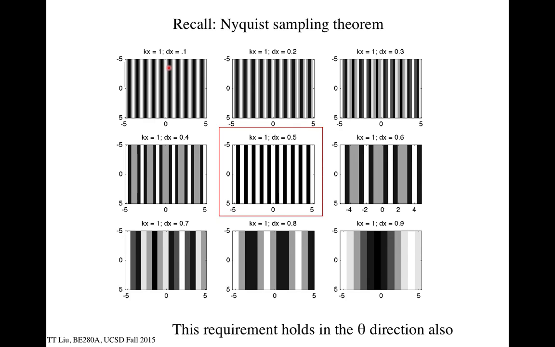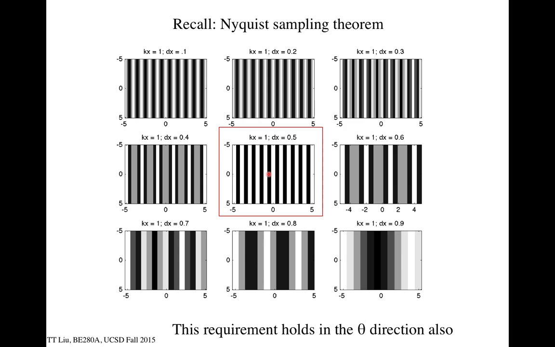If I sample with a higher frequency, I do represent that function well enough. This is the cutoff: when I have, say, a spatial frequency of 1 cycle per millimeter and my delta spacing is a half, then I start getting the full cycle, right? So 1 up, 1 down, 1 up, 1 down. And that's the Nyquist sampling criterion.